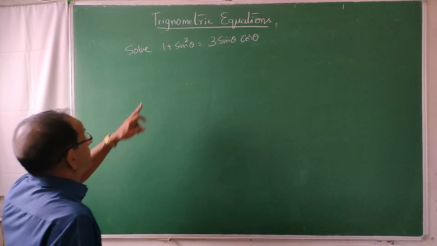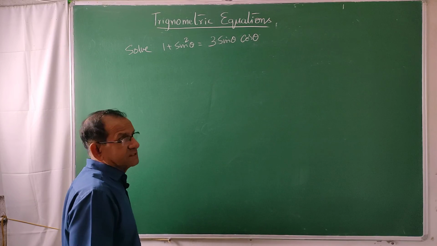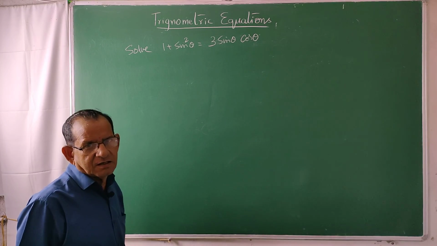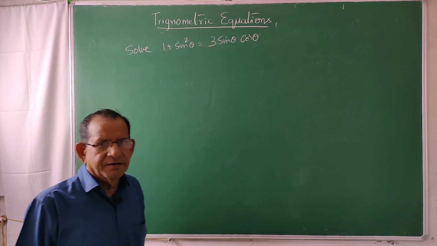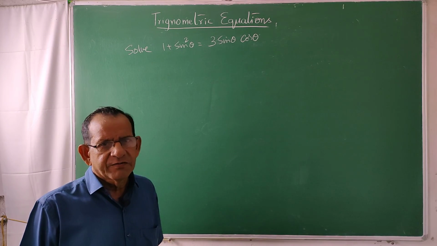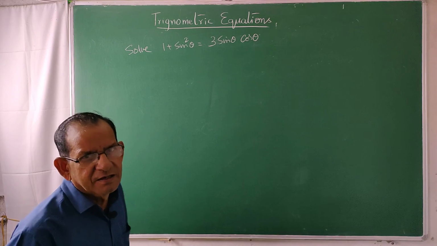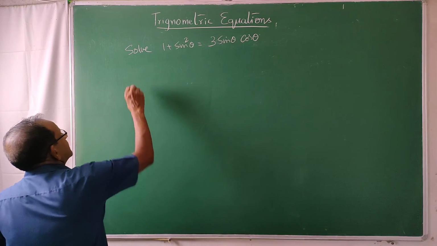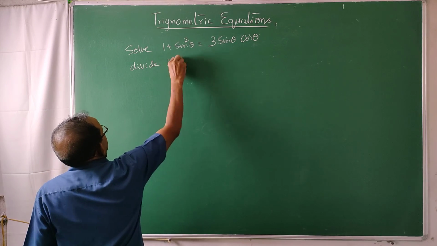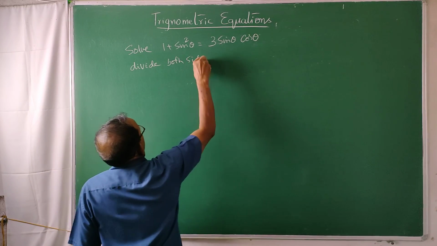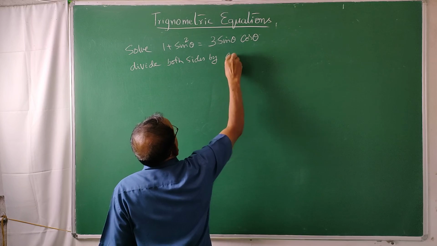Now the given equation is 1 plus sin square theta is equal to 3 sin theta cos theta. Whenever sin theta cos theta term appears in the given equation, we have to divide both sides by cos square theta. Only in that case, divide both sides by cos square theta.